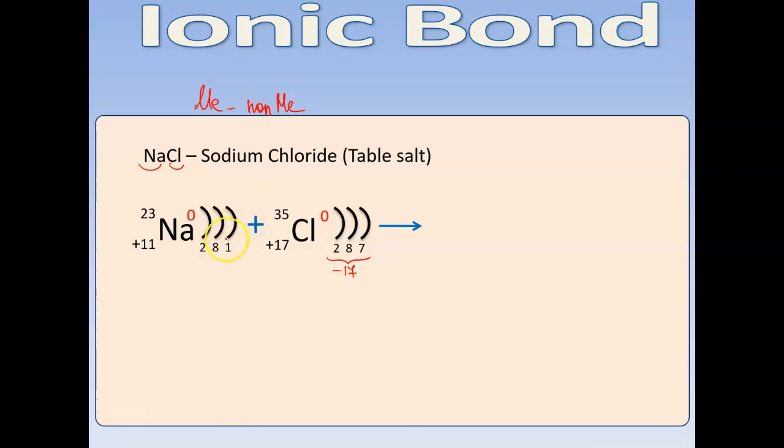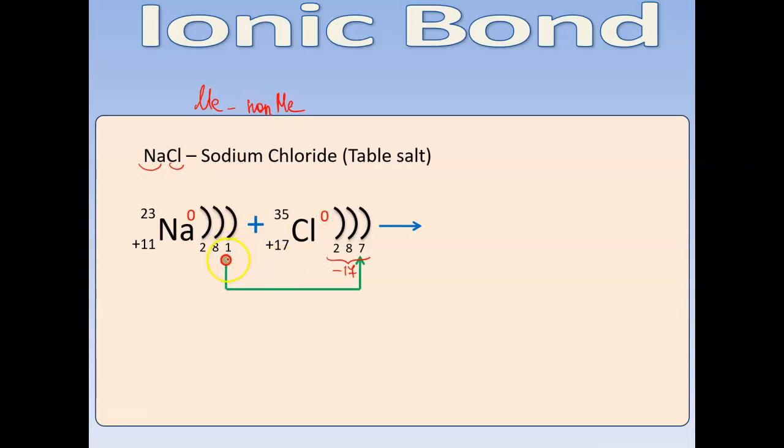Then you can see that the second shell is completed. It has 8 electrons. The easiest way for sodium to become more stable is to give away its one electron from its outer shell.